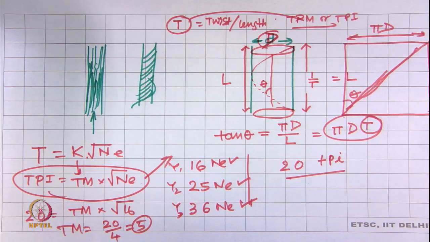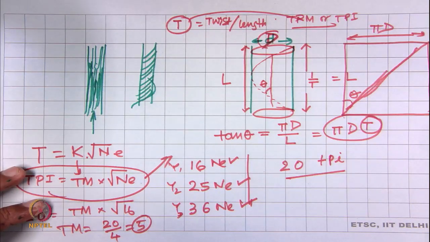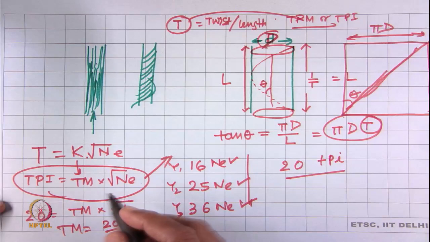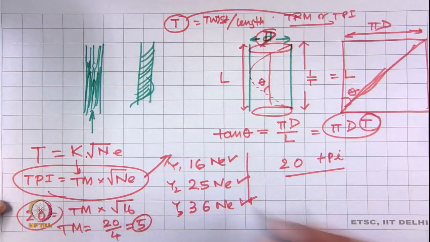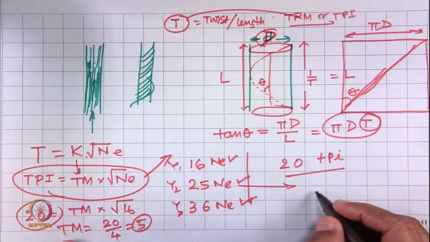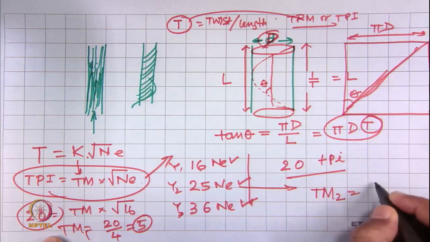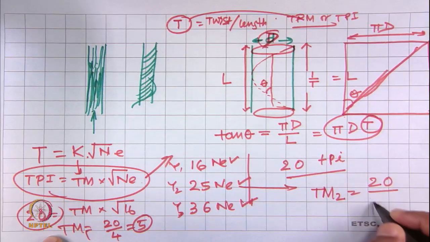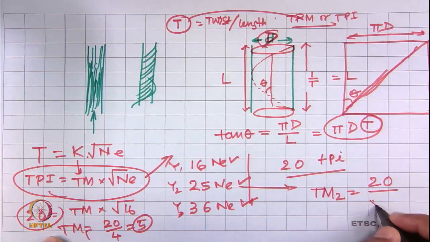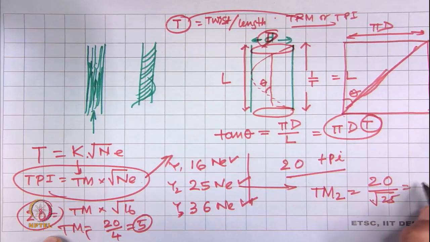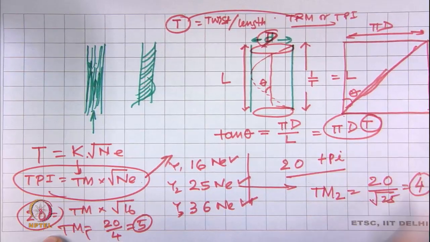For say 25 count yarn, we are imparting the same level of twist, same TPI of 20. So, for 25 count yarn, what will be the Tm value? Tm 2 will be 20 by under root 25, so Tm becomes 4.